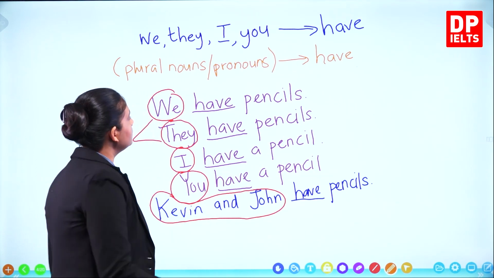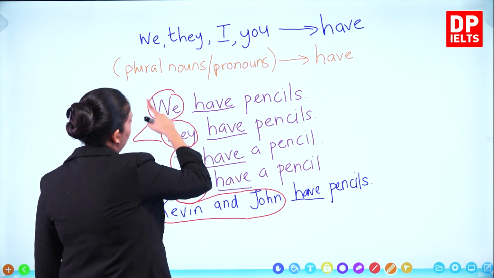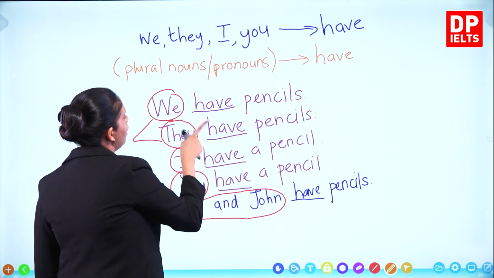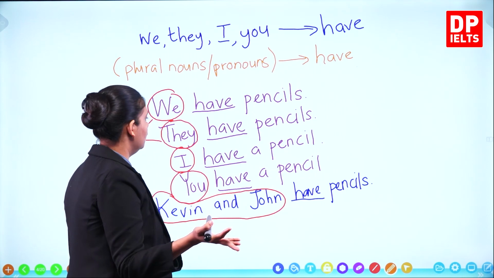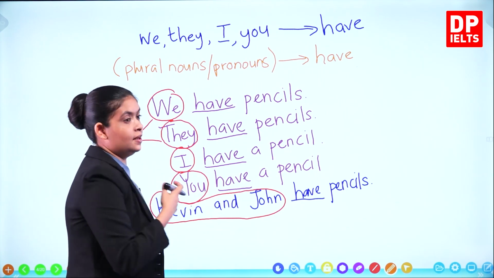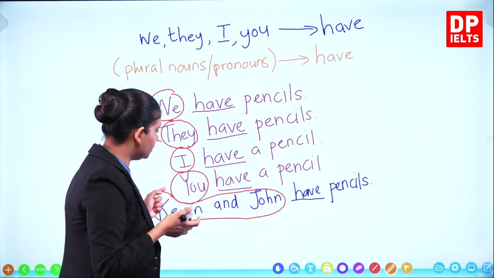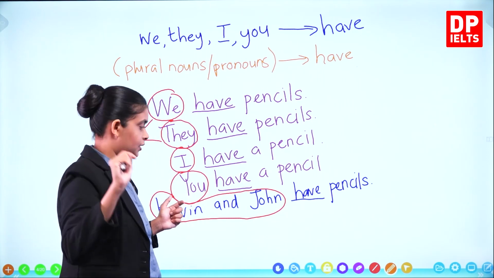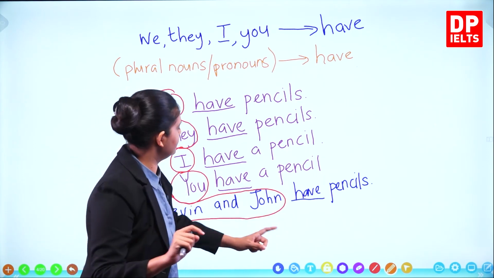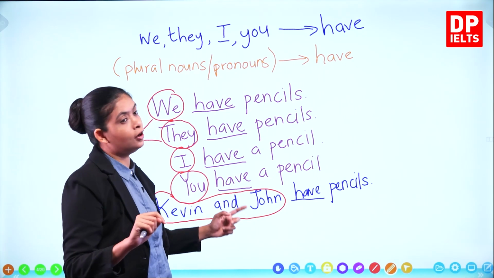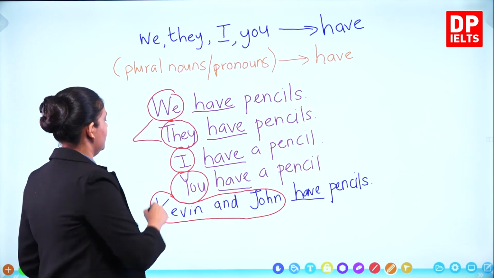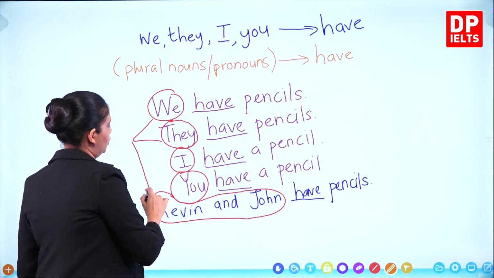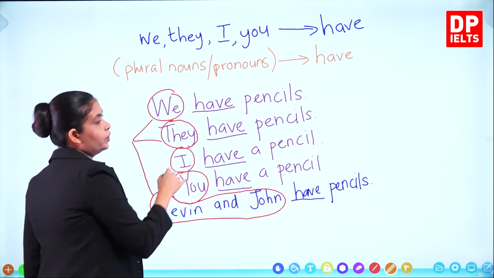කාටද මේ pencil තියෙන්නේ? We අපිට. කාටද මේ පැන්සල් තියෙන්නේ? ඒගොල්ලොන්ට. කාටද මේ පැන්සල තියෙන්නේ? මට. කාටද මේ පැන්සල තියෙන්නේ? ඔබට. කාටද මේ පැන්සල් තියෙන්නේ? කෙවින්ට සහ ජෝන්ට. එතකොට we, they and Kevin සහ John කියන ඒවා plural.